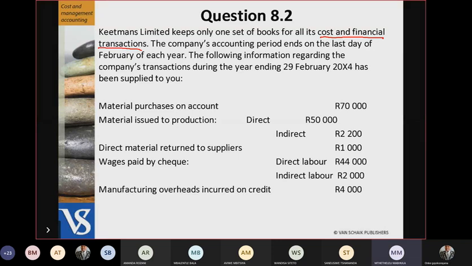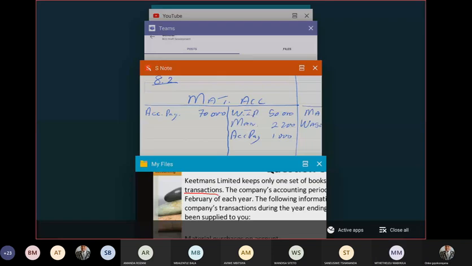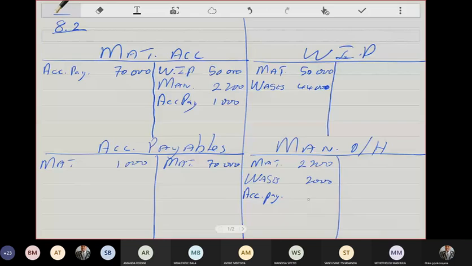Manufacturing overheads and accounts payables. Thank you. Debit your manufacturing overheads with that 4,000 and we credit the accounts payables with that amount. So that's it.